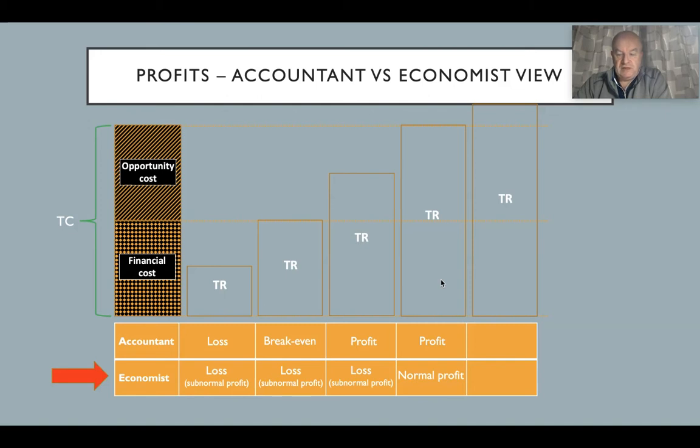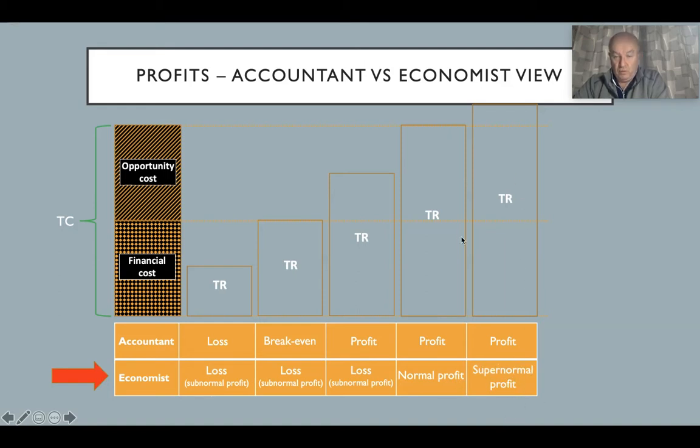If we move on to the next column, where we've got our total revenue at a higher level than our financial cost and our opportunity cost put together, then again, from the accountant's standpoint, we are making a profit because we've covered our financial costs, and anything over and above that is basically profit. But as far as an economist is concerned, we are now into the realms of achieving a supernormal profit.